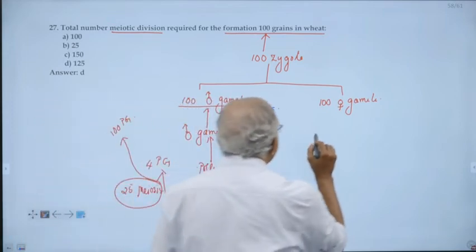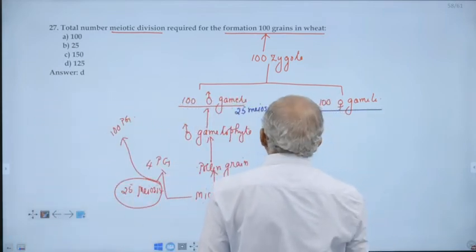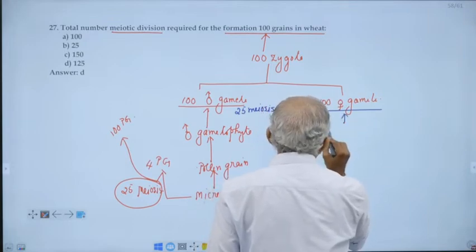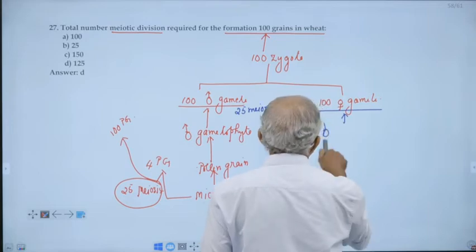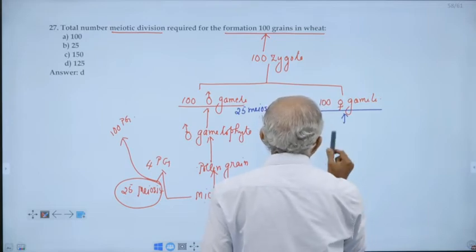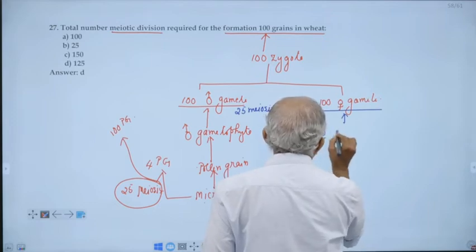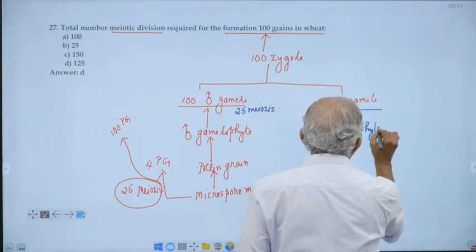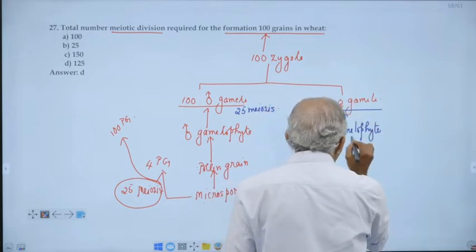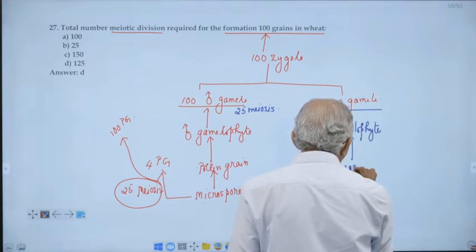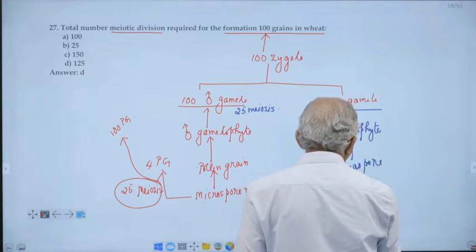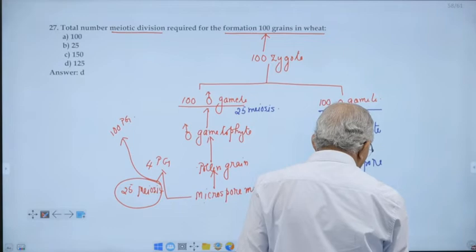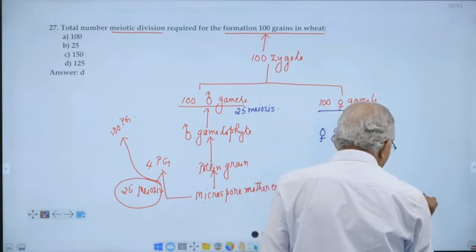But on the other hand, 100 female gametes are produced from 100 female gametophytes. Female gametophyte is produced from megaspore. Megaspore is produced from megaspore mother cell.